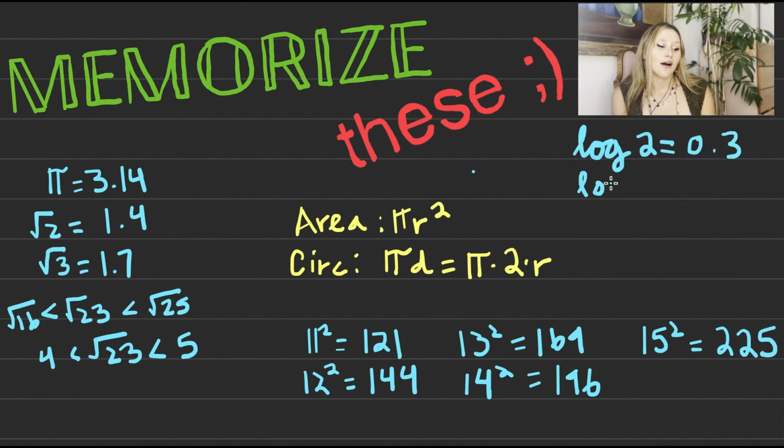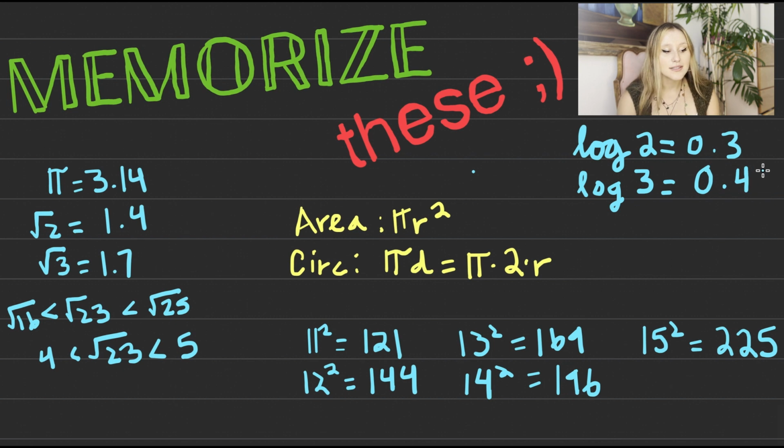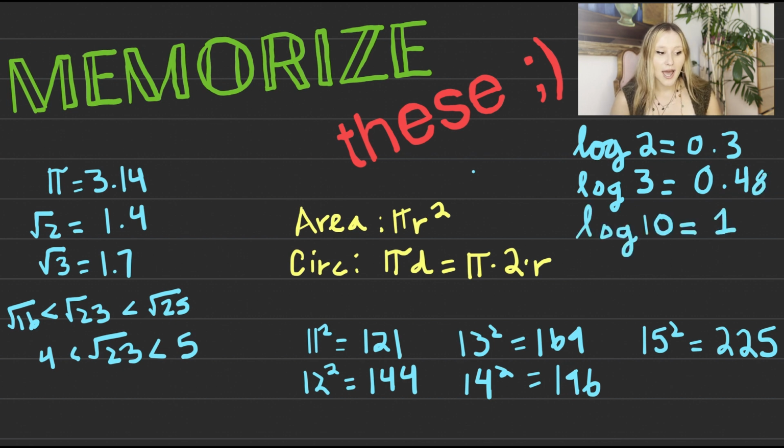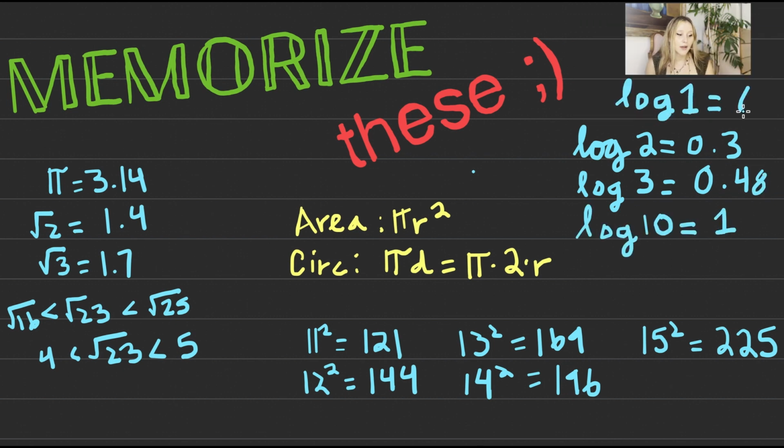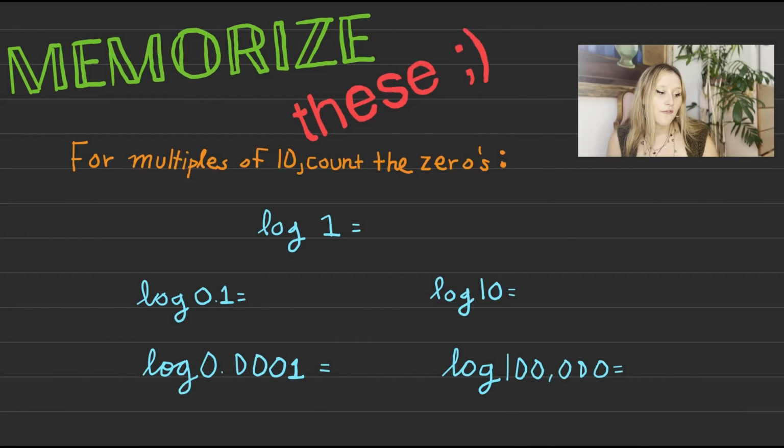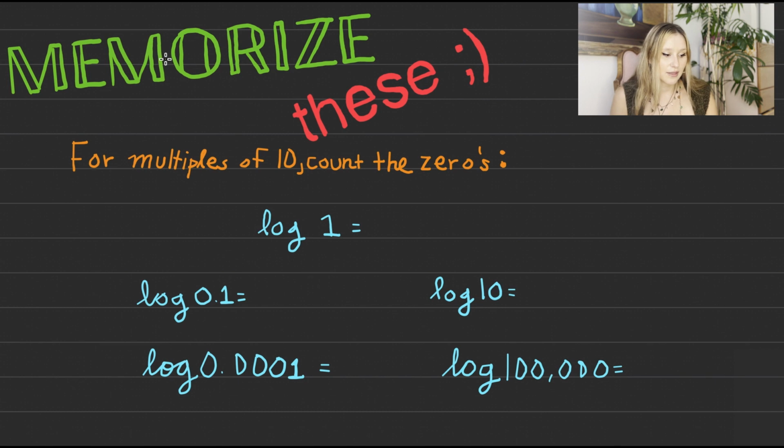Then we have log 2 is 0.3, log 3 is 0.48. We have log 10, which is 1, and log 1 is 0. So for multiples of 10, we want to count the zeros when it comes to logarithms. So we have log 1, which is equal to 0. We have log 10, which is equal to 1. However, we have log 0.1.